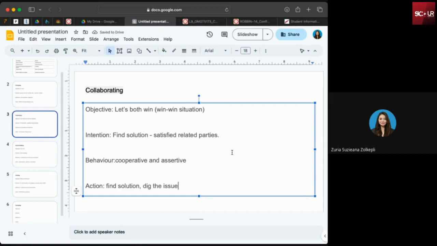What makes this conflict happen in the first place? You dig the issue, you dig the problem, and then you explore the cause of disagreement in the first place, by doing open communication. Easy to say, right?